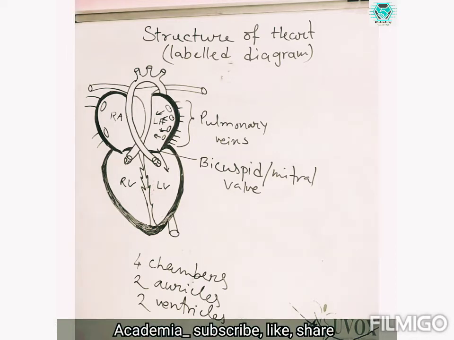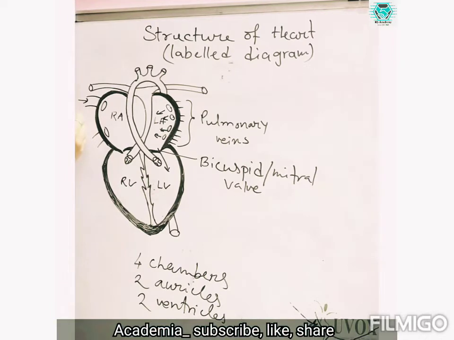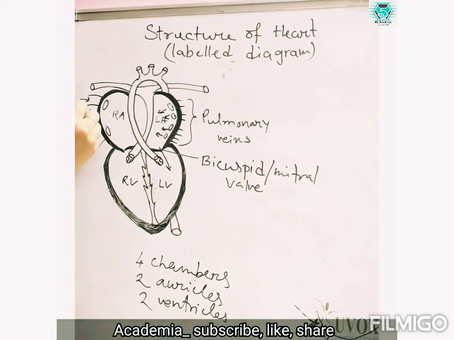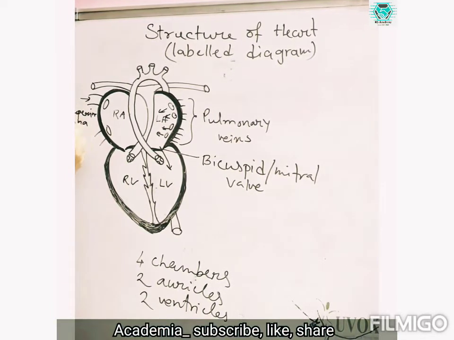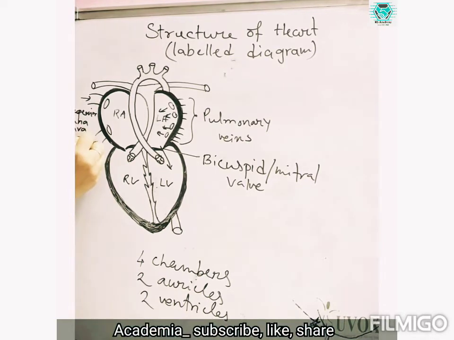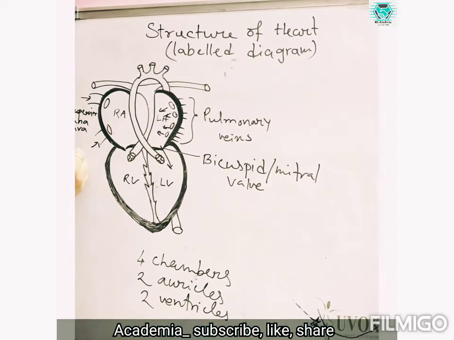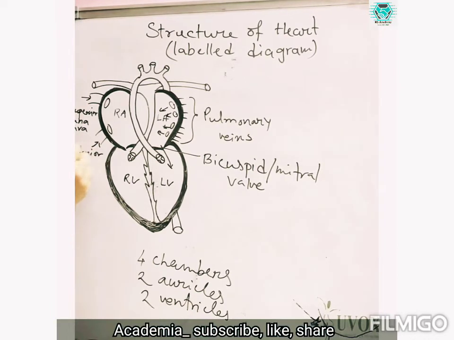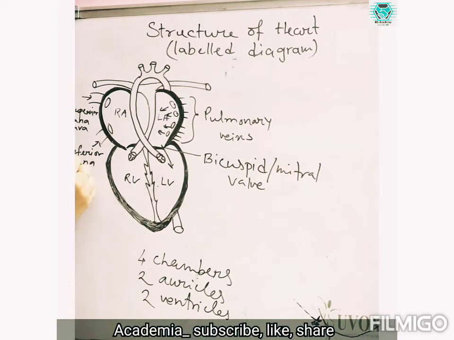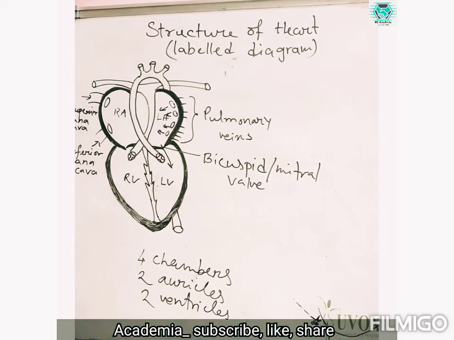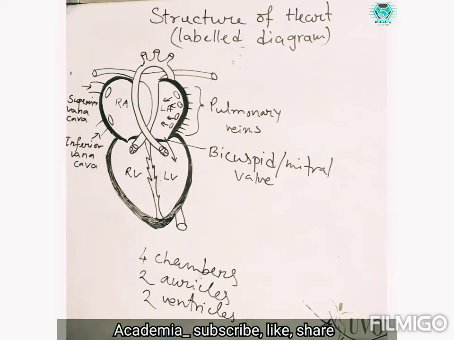In the right part, we can see two major veins. This one is called the superior vena cava and this one is called the inferior vena cava. These are the two major veins which open in the right auricle.